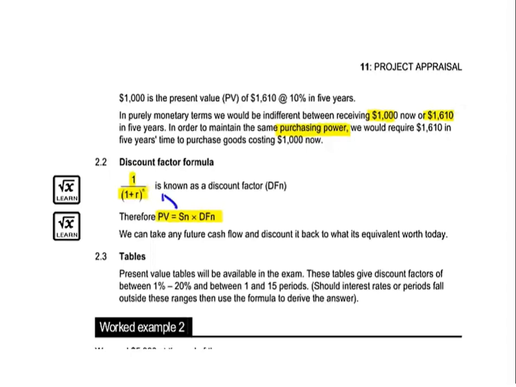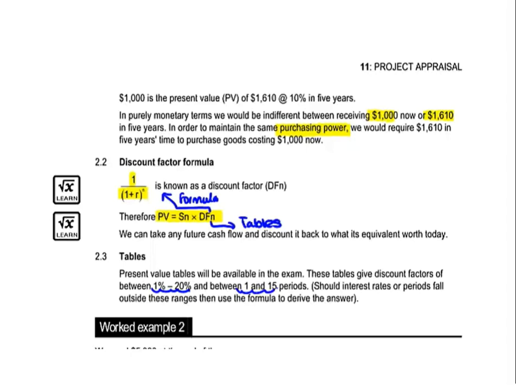We can either use that formula that we've got up there for the discount factor, or we can use the tables. And we're going to have a look at using the tables with the discount factors in a moment. The tables in the exam will give us all of the percentages from 1 to 20 for years 1 to 15.